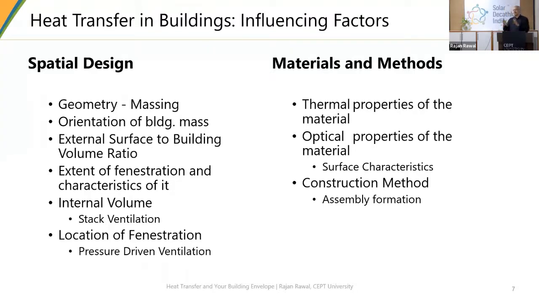So a one brick thick wall versus a two brick thick wall will have different thermal characteristics. A brick wall with a rat trap bond or a brick wall with a cavity inside will have different characteristics. All the material is the same, but how you are laying it for the wall will decide what the heat transfer through these walls would be.